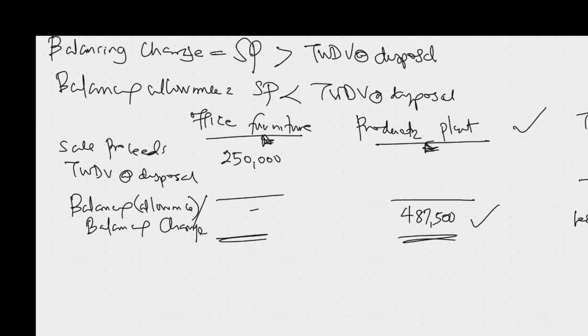So sales proceed for office furniture was 350,000.